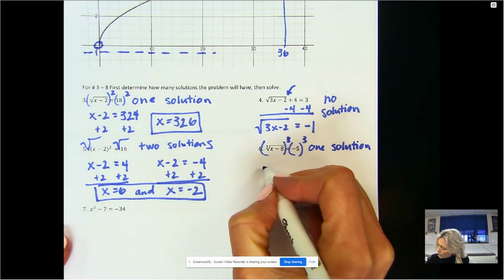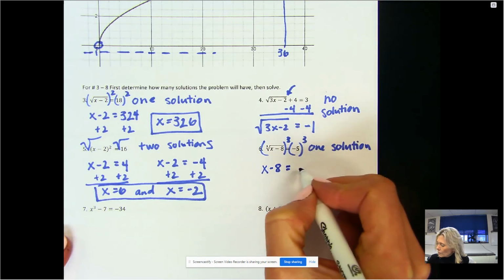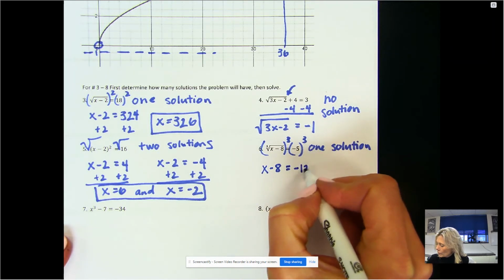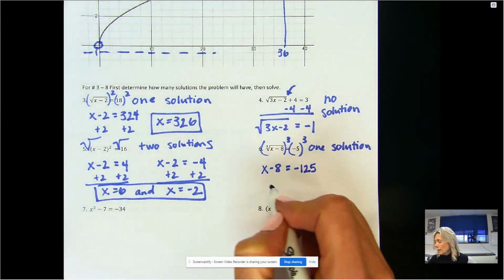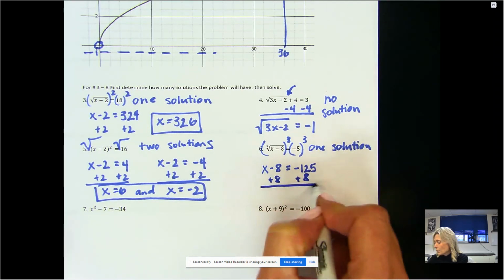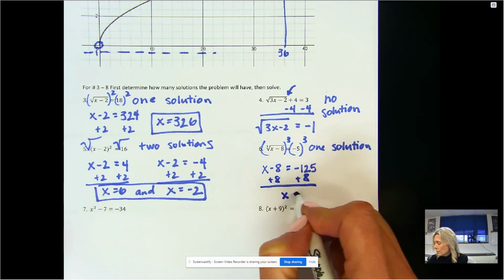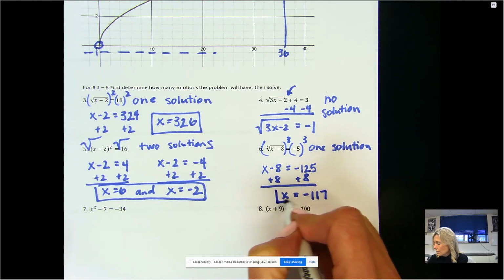So we get x minus 8. Negative 5 to the third is equal to negative 125. Then we just continue solving by adding the 8. So the equation has one solution. It is x equals negative 117.